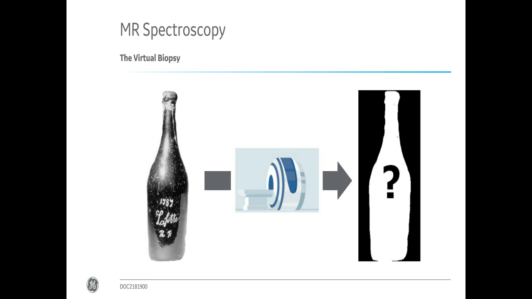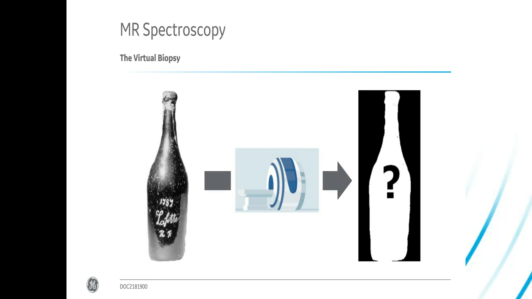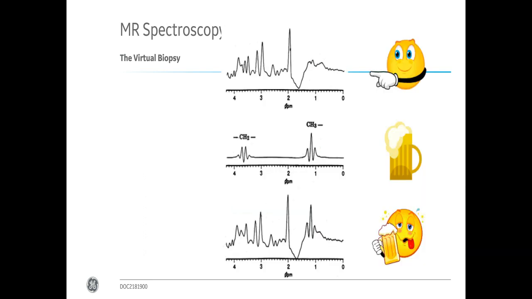Spectroscopy can answer a little bit more than just imaging for this bottle of wine. So consider an experiment where we acquire in the brain a spectrum in a normal control. This is on the top here. It looks very similar to the spectra I showed in the previous slides, with major peaks. You are hopefully now a little bit more familiar.